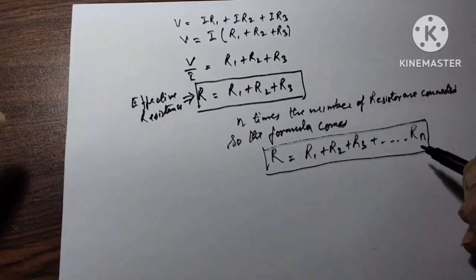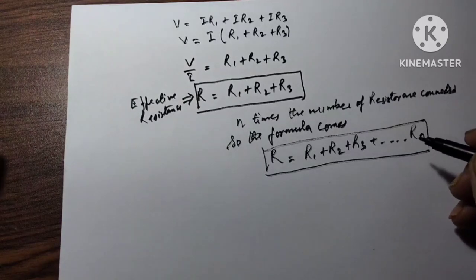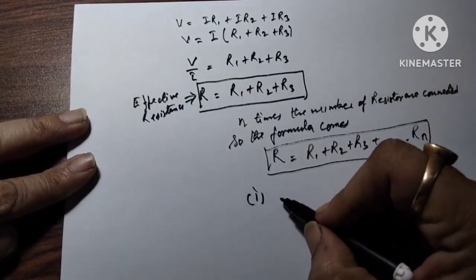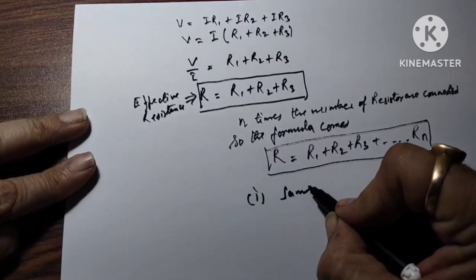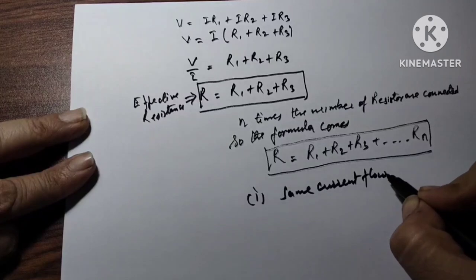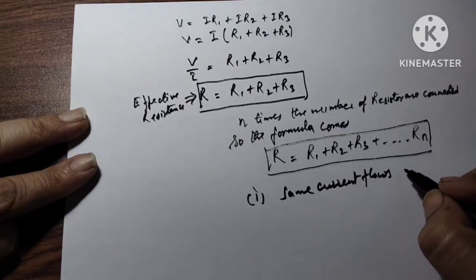From the above discussion of series circuit, we conclude that first, the same current flows through all parts of the circuit.